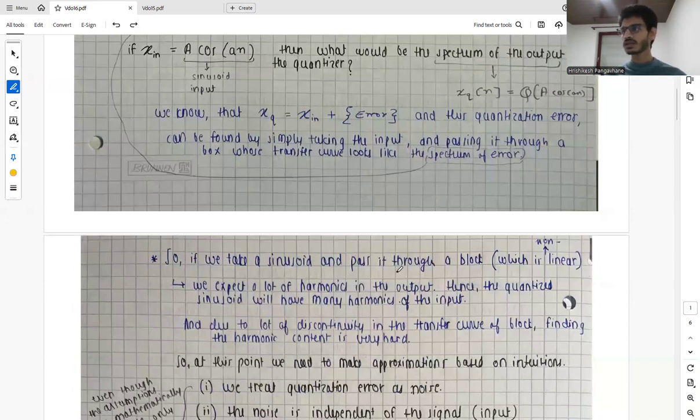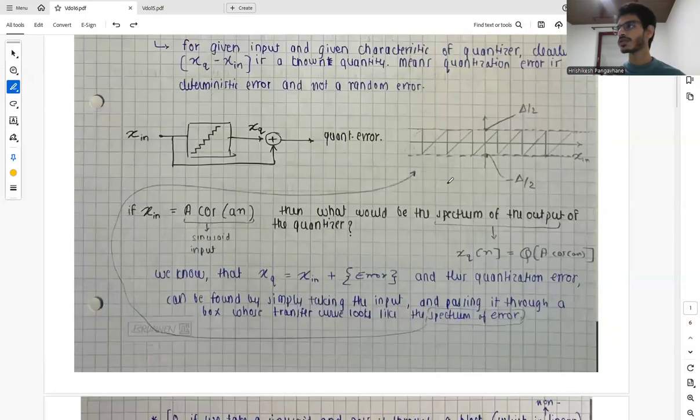So if we take a sinusoid and pass it through a non-linear block, we expect a lot of harmonics in the output. Why? We have seen this earlier also. When we look at the output spectrum, if there are discontinuities in the signal, we'll get harmonics for sure, and we'll see a lot of harmonics because we have a lot of discontinuities over here.